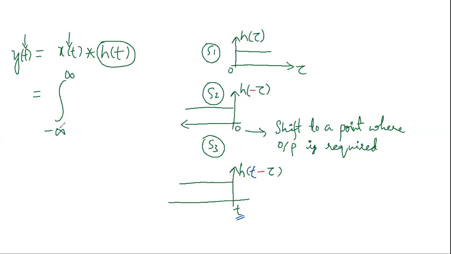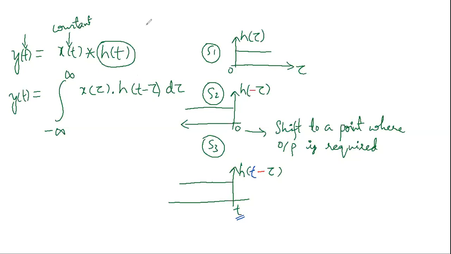Within the integration from negative infinity to positive infinity, the signal I have kept constant, I'll write as x of tau, into h of t minus tau, d tau, and this is equal to y of t.